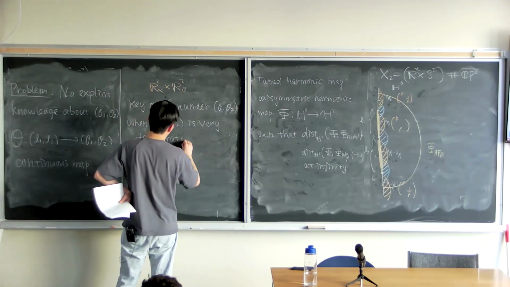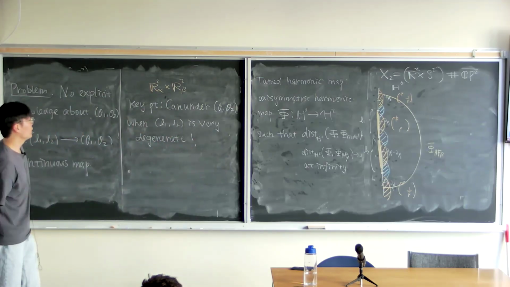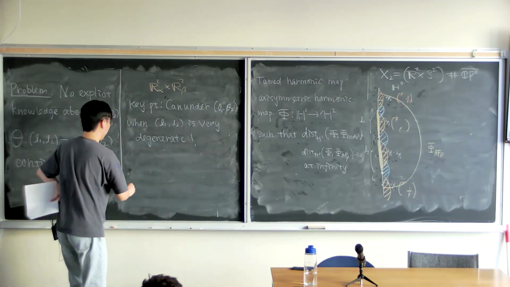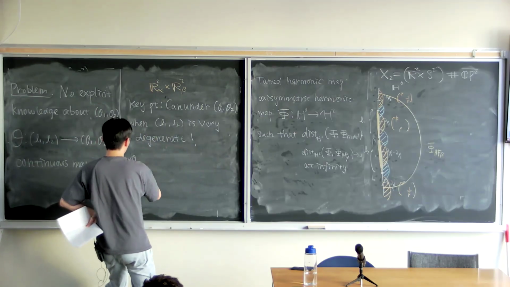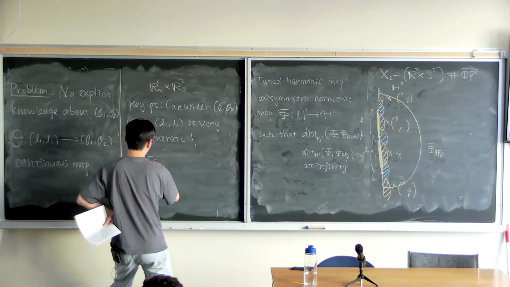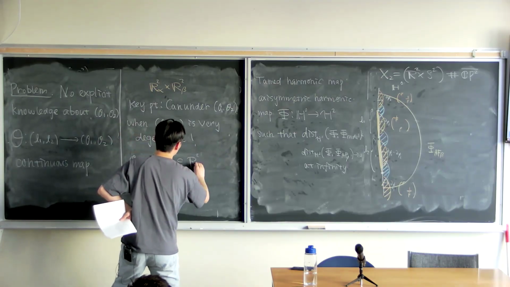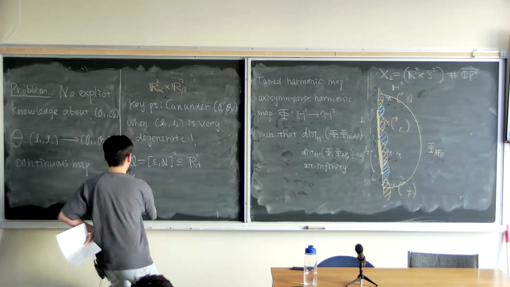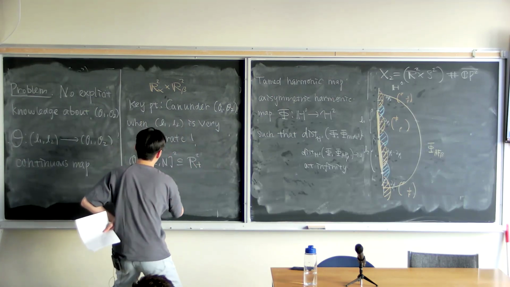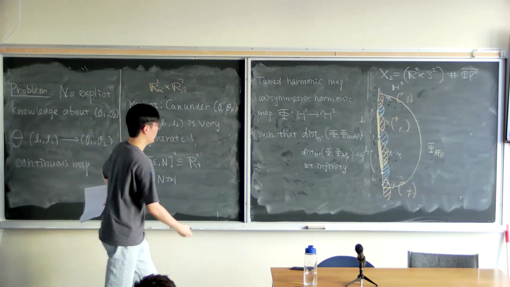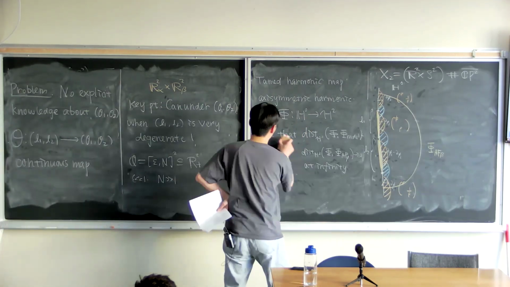What do I mean by degenerate? I can consider the cube epsilon to n sitting inside of this R2 plus. My epsilon here is a very small number, my n here is a very large number.